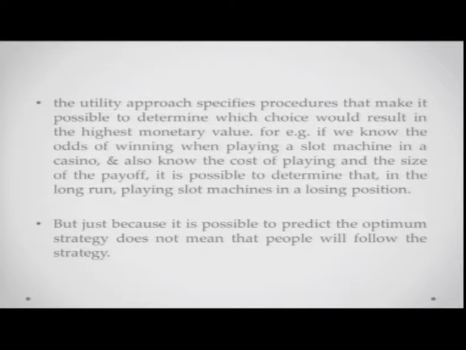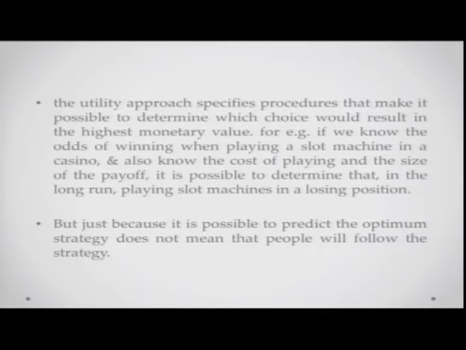For example, if we know the odds of winning when playing a slot machine, and we know the cost of playing, how much you are going to put in each time you play, and the size of the payoff, it will be possible to determine that in the long run, playing in a casino or against a slot machine would always result in a losing position. In the long run, you will lose money instead of gaining money, however long you play.